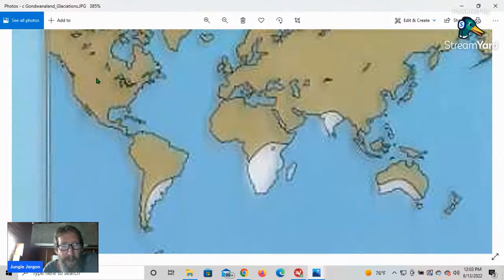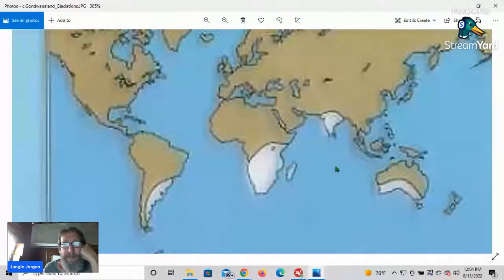And of course, North America was connected to this part of Africa right here, northwest coast of Africa. There's a continental shelf here, but if you look at the continental shelf, it fits this shape of Africa right here. So that explains a whole lot.